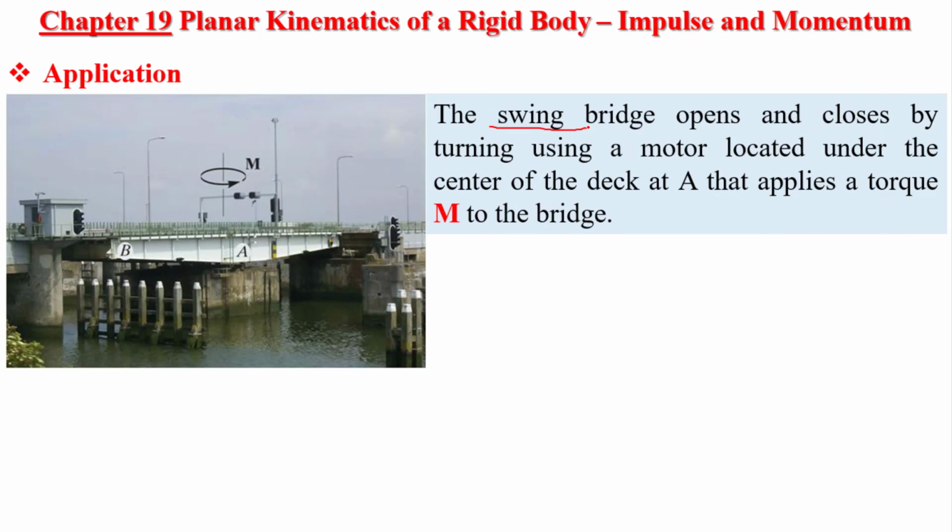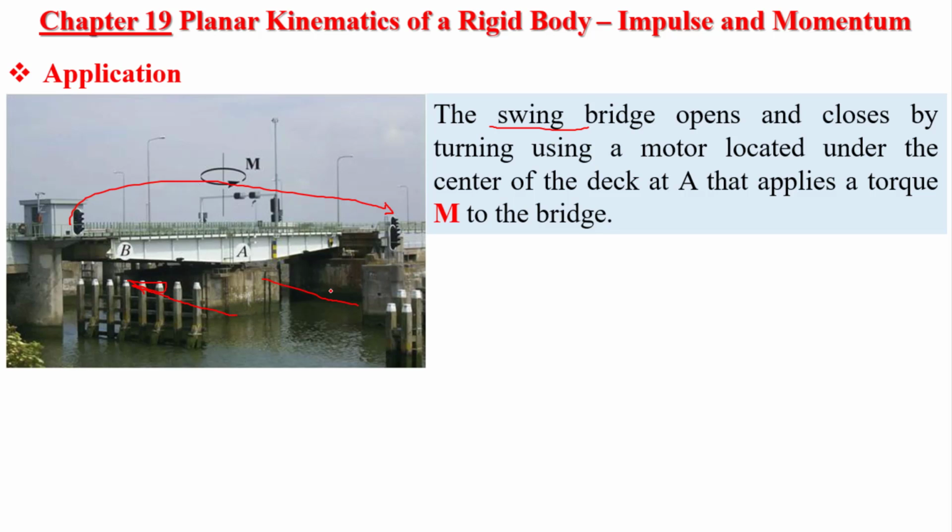The swing bridge. When the bridge is in this arrangement, it allows vehicles to pass from this side to that side. But when it starts to swing, it allows ships to pass to the other side.